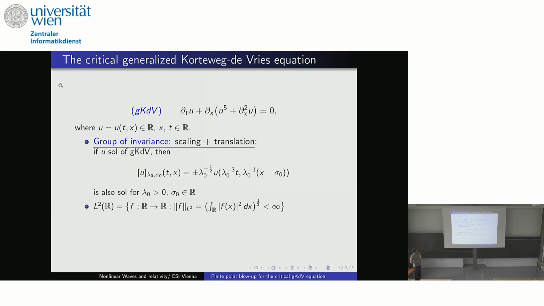If you look at the L2 space of square integrable functions, then you can see that the L2 norm is preserved through this transformation. That's because we took here the power 5, so we get an L2 critical equation. Okay, so this will be very important in this talk. The equation we're looking at is L2 critical.